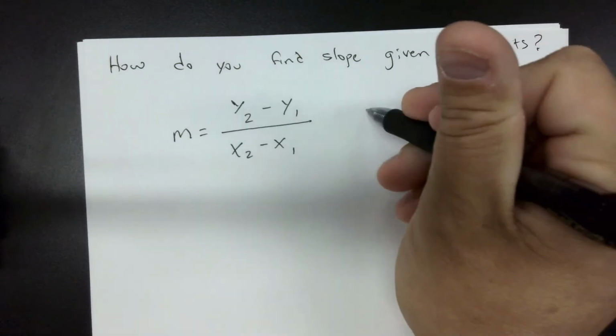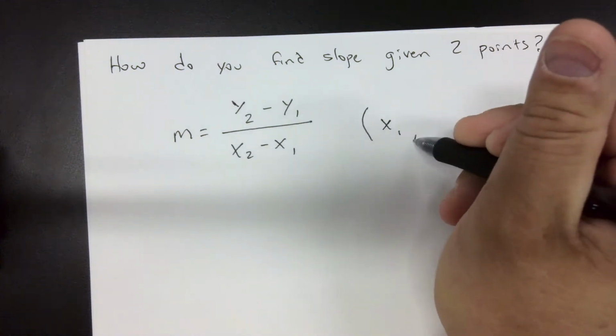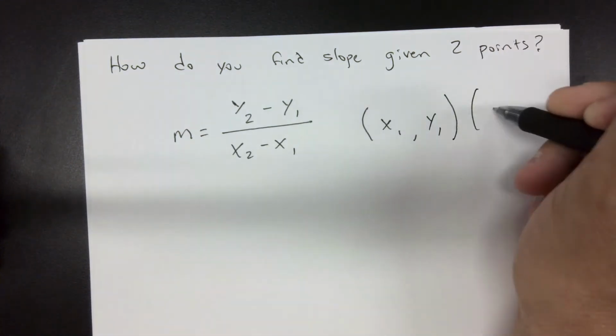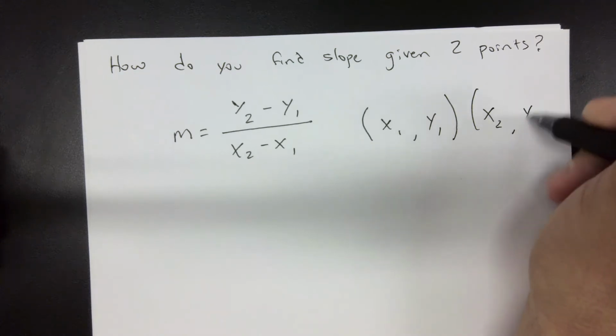So if we had 2 points here, this would be our x1 and our y1, and our x2 and our y2.